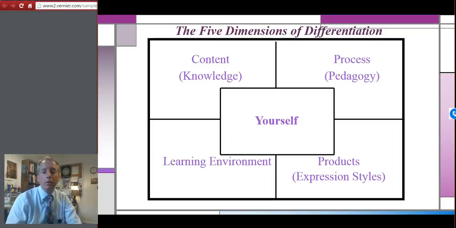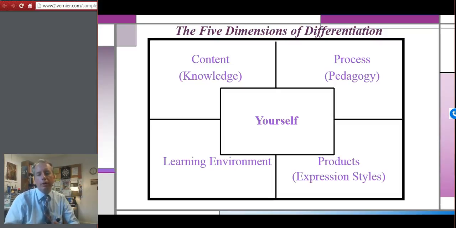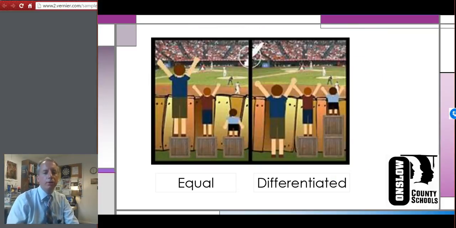So as you think about multiple intelligences, we're generally maintaining content, right? The content is generally the same, but we're adjusting the way that kids are going to go about learning it. So it may involve adjusting the learning environment too. And it almost always involves varying the product, so how they'll share their knowledge back with us, and that is to reflect their multiple intelligences.